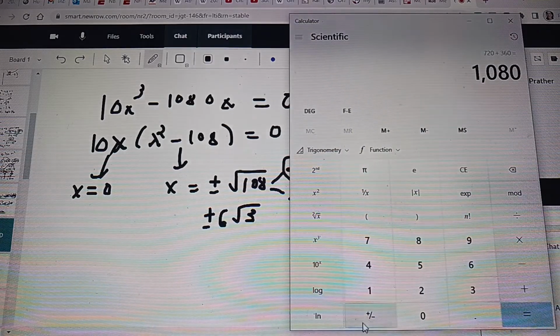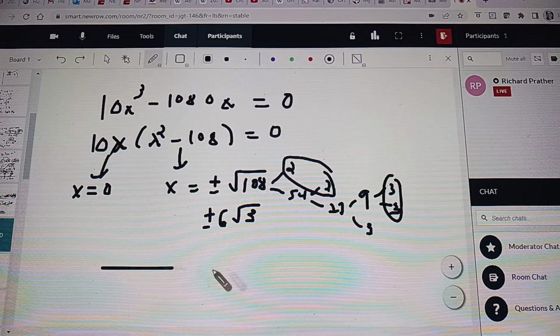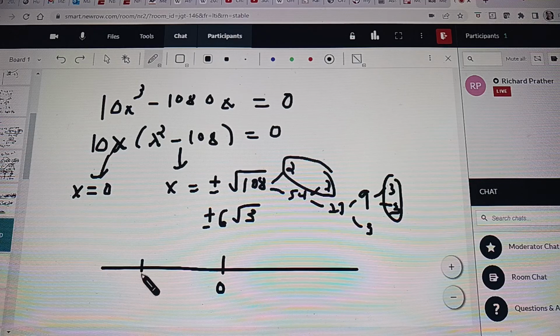But the square root of 108 is a little more than 10. It's 10.4 roughly, or just say 10.5. So we got 3 critical numbers, and you can just use 10.4 on your number line so you know roughly where you're at, though don't put that as an answer.